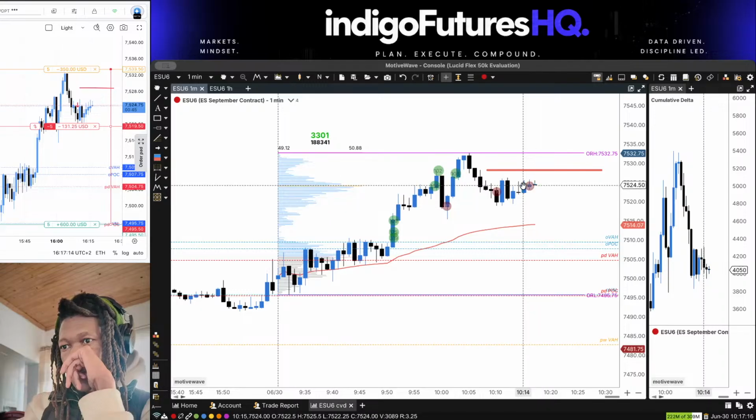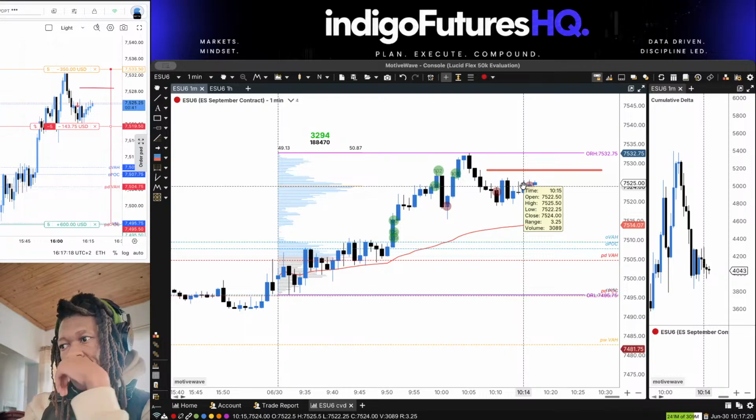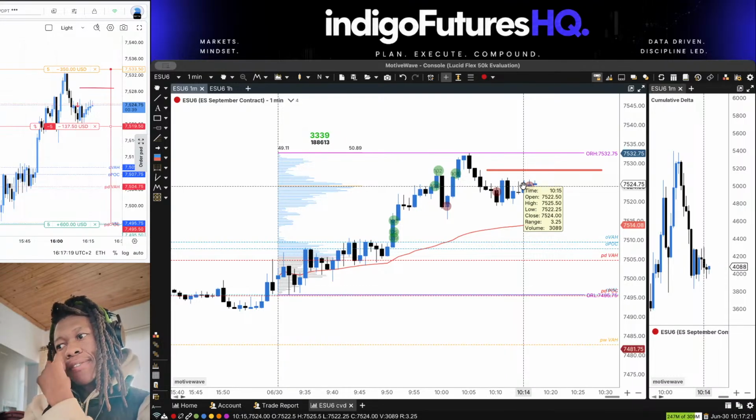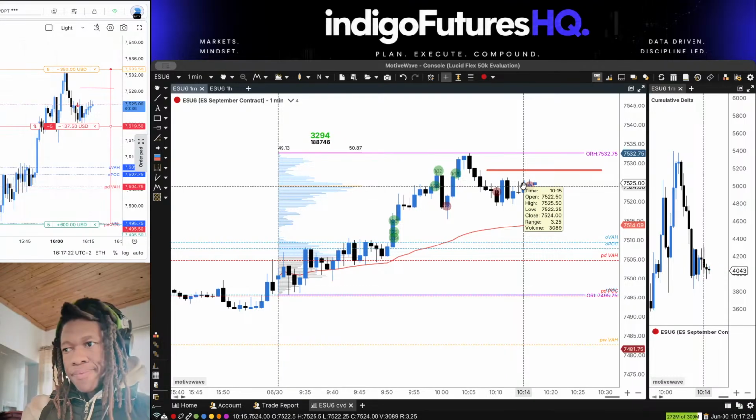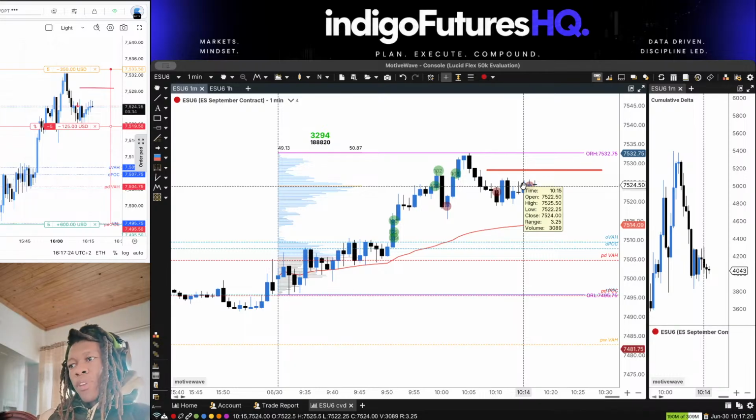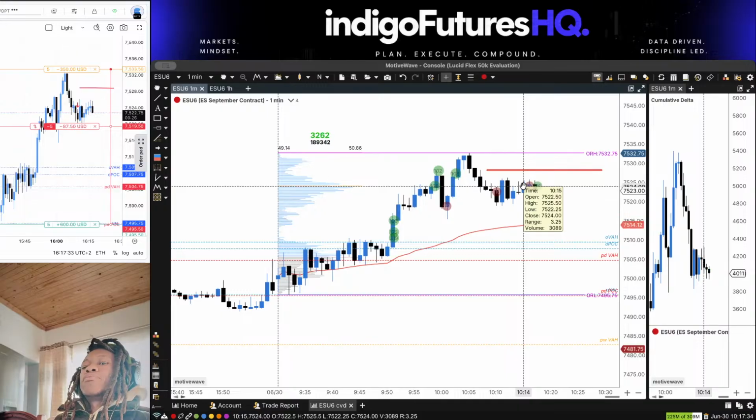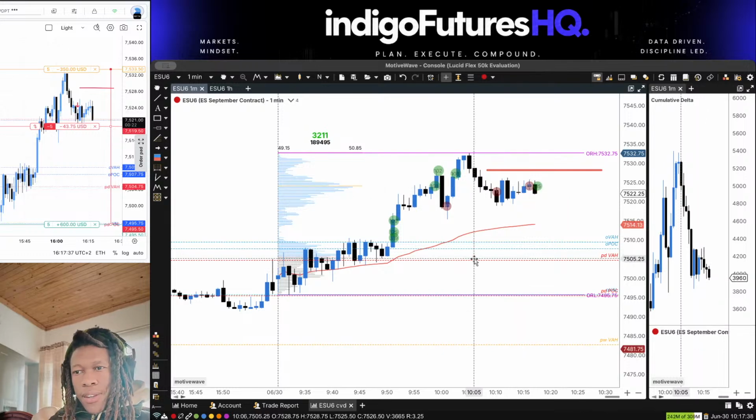Where are we at with our point of control? 524.75. And man, look, this value area just shifted higher now.